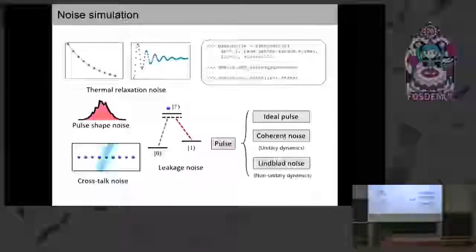But if your control pulse is not perfect, which is usually the case, it's very likely that you can also excite your state to some third level that is not even captured in your qubit description. In our simulation, you can easily characterize those kinds of noise by, for example, some ancillary level. Basically, your circuit is still a qubit circuit, but when you run the simulation, it actually runs on a three-level system.